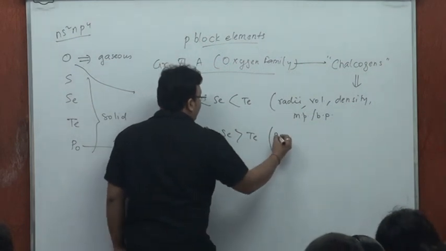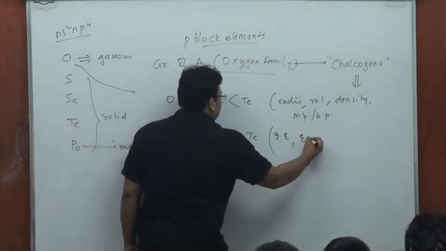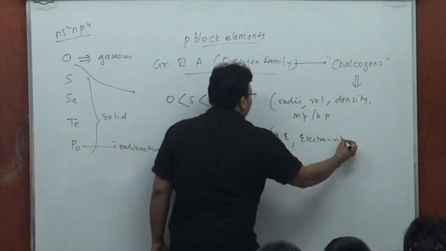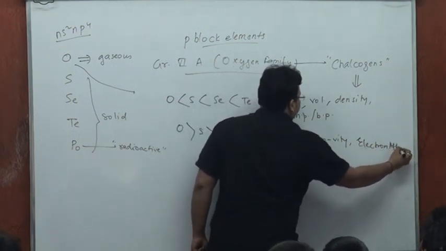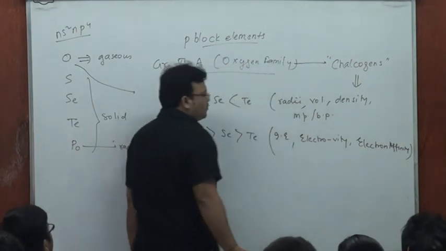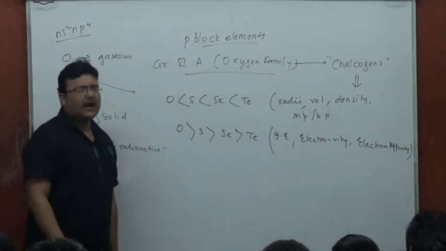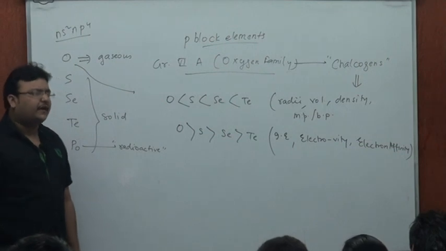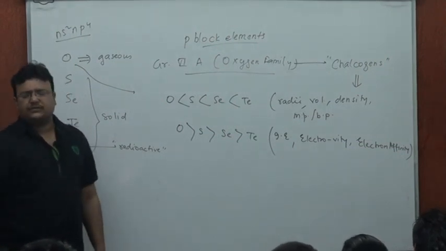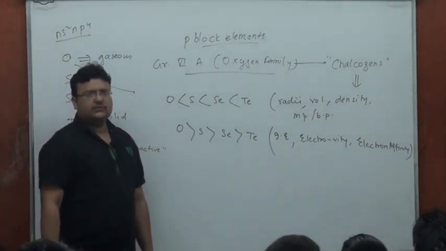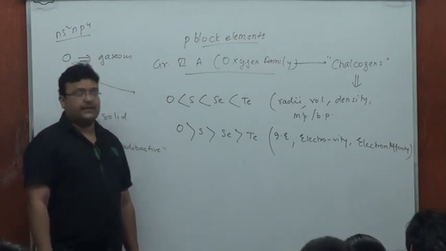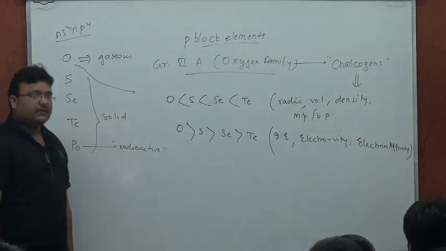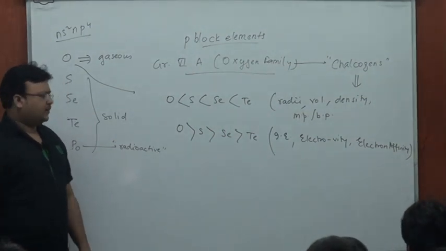So this would be the order of ionization energy, electronegativity, electron affinity. Higher electronegativity, more electron affinity, tendency to gain electrons would reflect acidic behavior, non-metallic behavior.